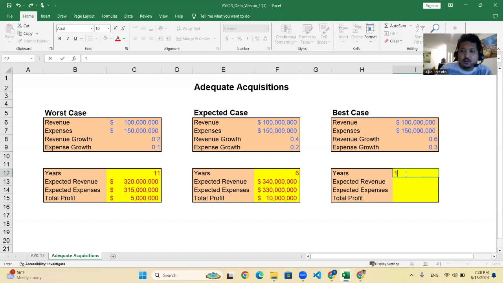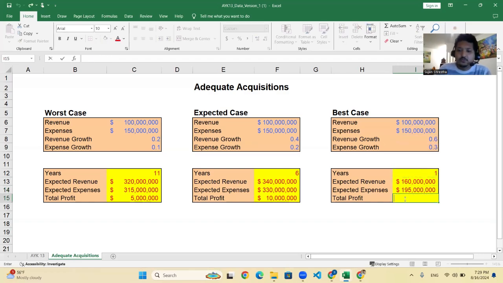Let's assume the initial year will be 1. Expected revenue will be revenue plus revenue into revenue growth into year. For expected expense, we add expense plus expense into expense growth into year.